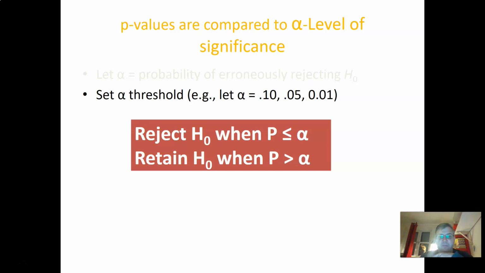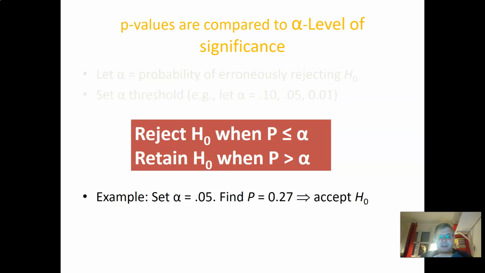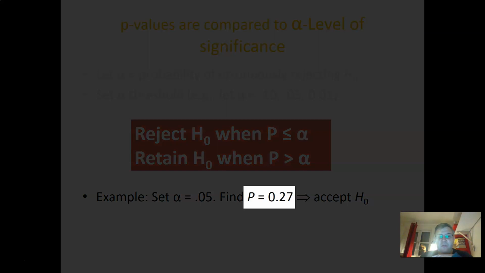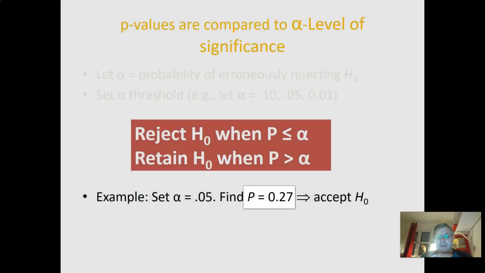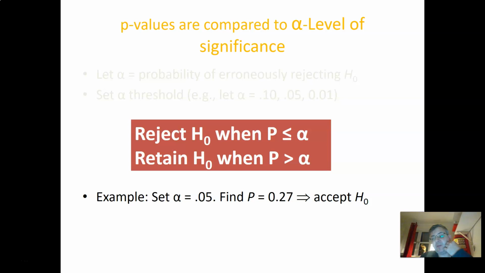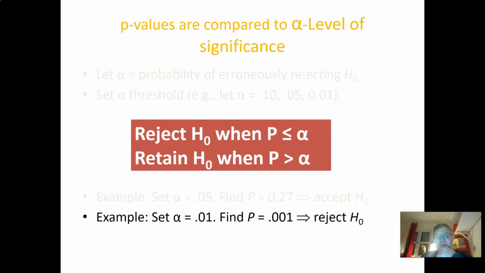In basic statistics books, it's usually 5%. And if you get a p-value of, let's say, 0.27 or 27%, and you compare to a 5% significance level, by the rule here you have to accept H0, and you cannot prove H alternative.